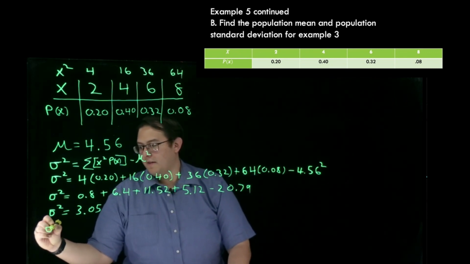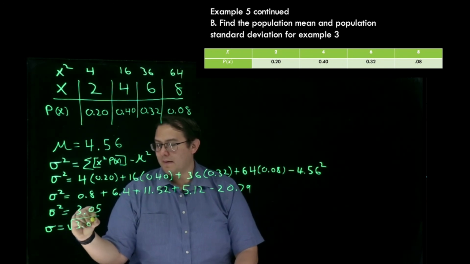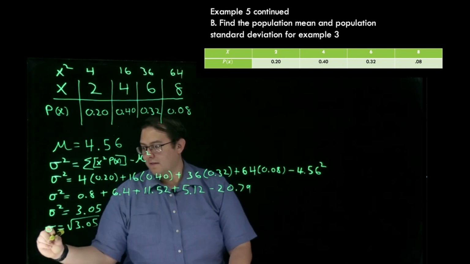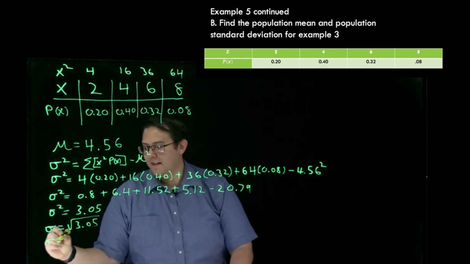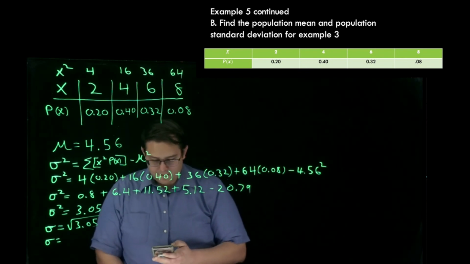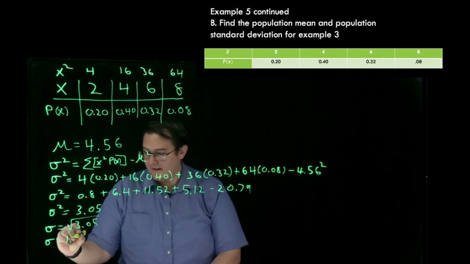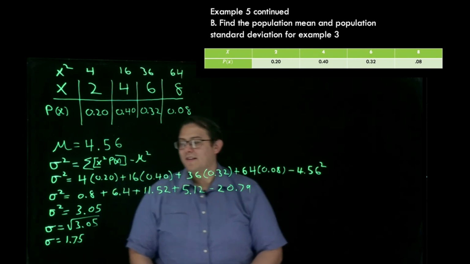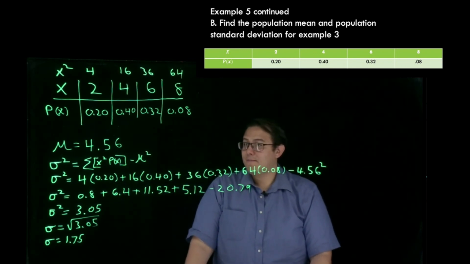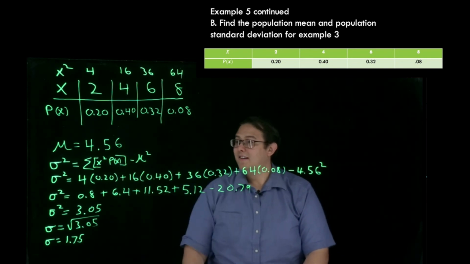So then you have the square root. Sigma is the square root of all that, so sigma is going to be the square root of 3.05, which to 2 decimal places is 1.75. There it is. So there's the population standard deviation for this probability distribution and the population mean. All right.